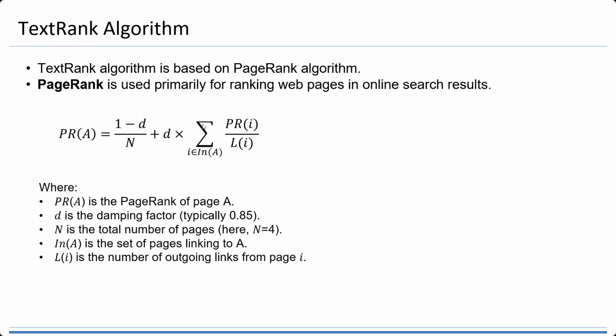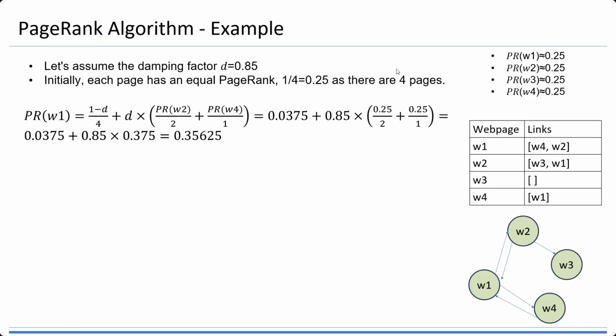So what is the sigma here? Sigma here is the summation over the webs that have a link to other webs. So for W1, it has links from W4 and W2. We have PR(W2) and PR(W4), the page rank of W2 and the page rank of W4. We divide by Li, where Li means the number of outgoing links.